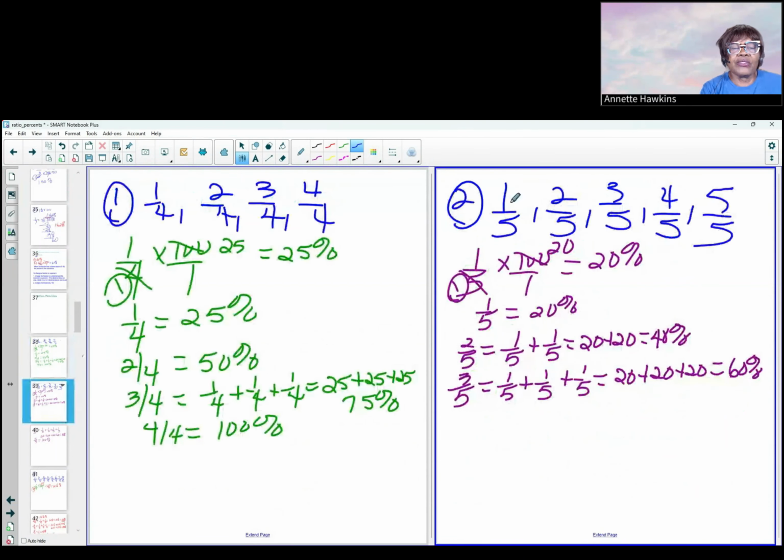All right, this is the 1/5 family. 1/5 is 20%. 1/5 times 100 is 20. So you get 20%.